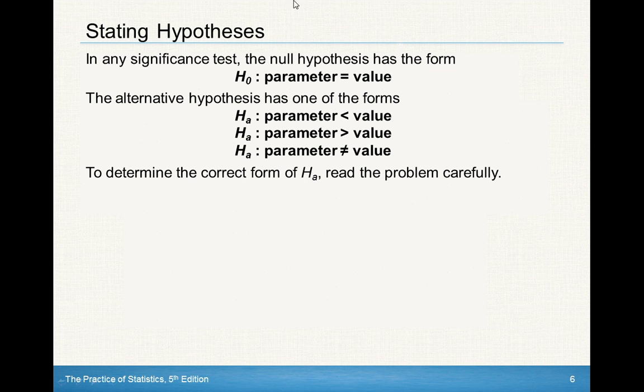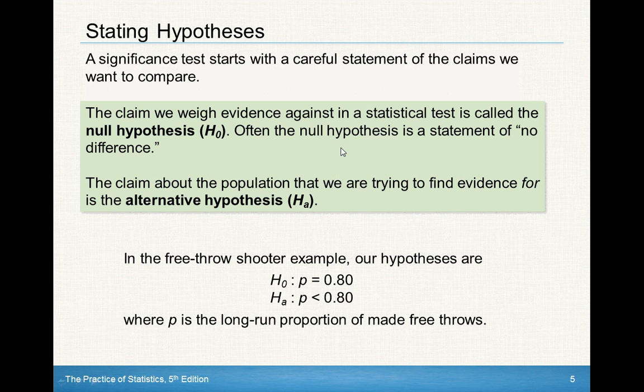In a significance test, the null hypothesis is always written H0: parameter equals something. So this could be mu or sigma or p or some parameter. And the alternative hypothesis is the same parameter is either less than, greater than, or not equal to this original value. So in our example, the null hypothesis was the parameter equals 80%. The alternative hypothesis could have been less than or greater than or not equal to.